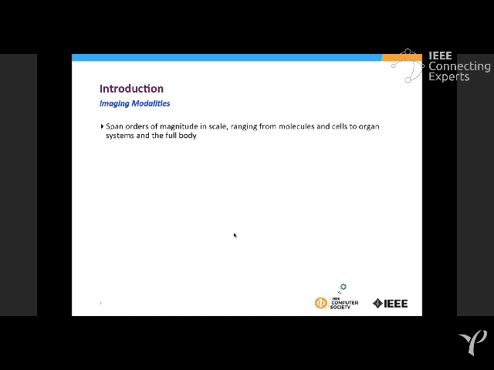One good point of medical imaging is, first of all, that it is not invasive, and secondly, it gives a first level of screening before going into actual medical analysis at the level of the tissues or samples from the body.